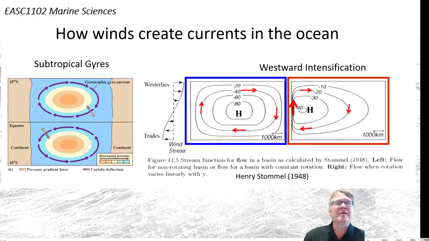It's the beta effect that actually creates very strong, swift flows near the western boundaries. These currents are called western boundary currents, and the typical speeds are between 1 and 2 meters per second. Western boundary currents are very important features in the ocean.